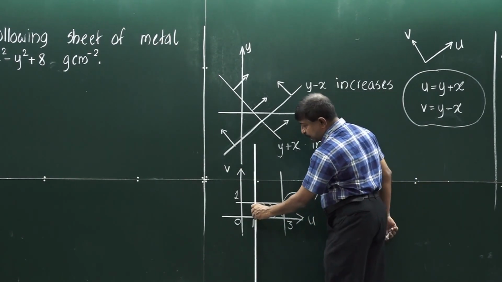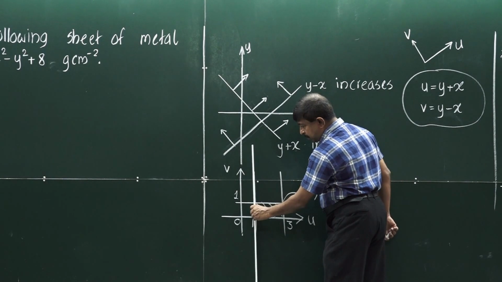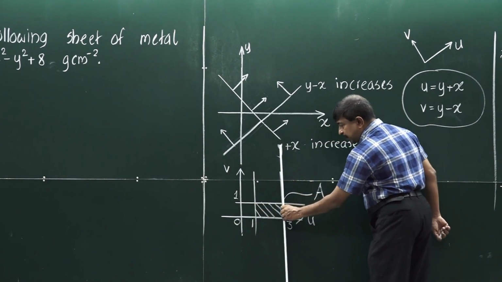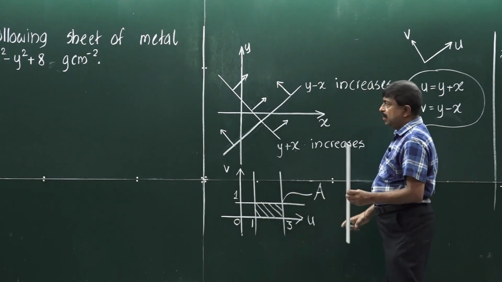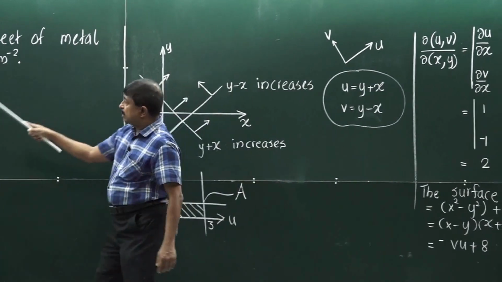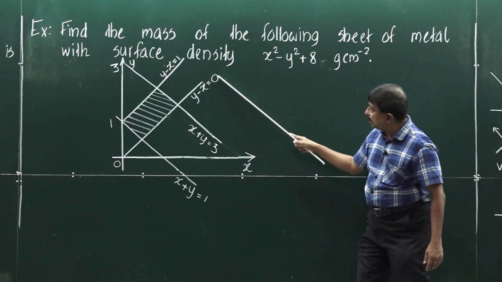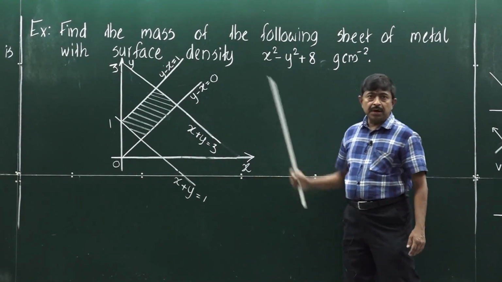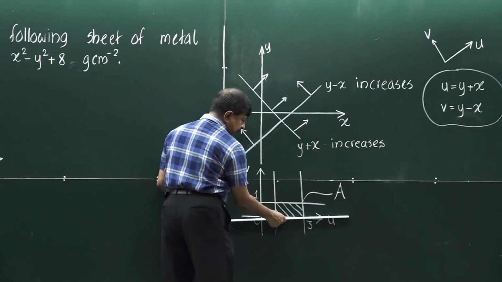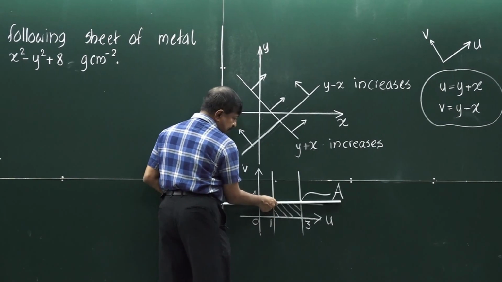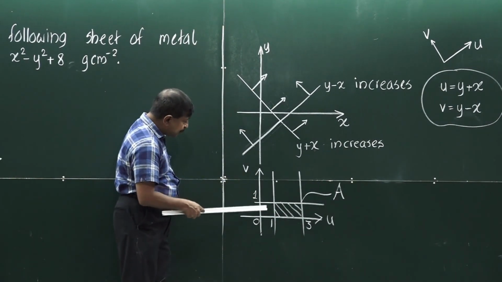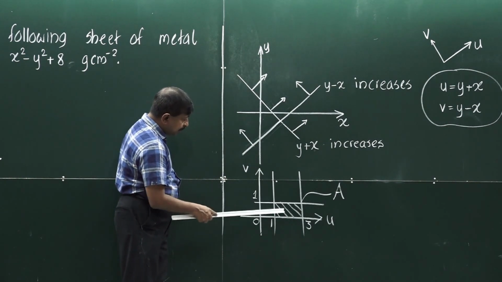So, u is equal to 1 represents this straight line, u is equal to 3 represents this line. Similarly, y minus x is v, therefore, v is equal to 0, v is equal to 1. So, v is equal to 0 is the u axis, this is v is equal to 1. So, the area bounded by these 4 straight lines is this one.